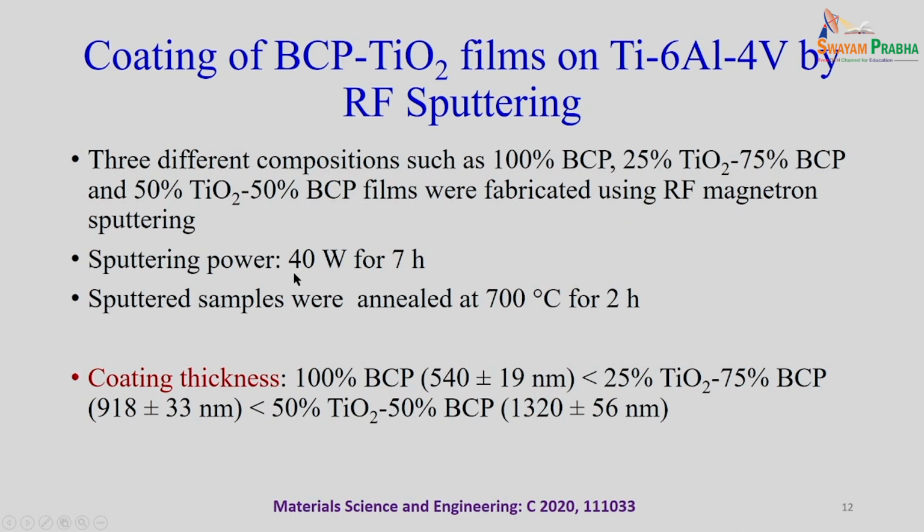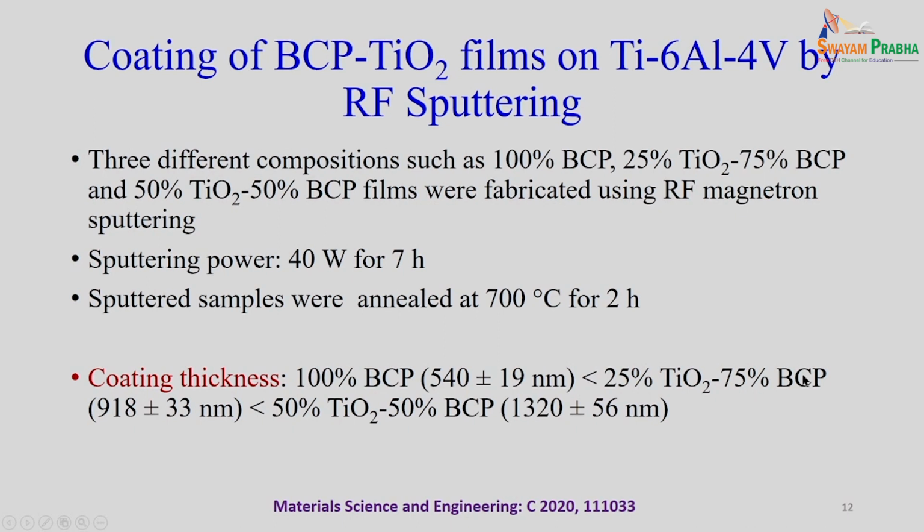The same as we discussed in the first case, the sputtering power was here 40 watt and we coated for 7 hours, and after the coating the sputtered samples were also annealed at 700 degree centigrade for 2 hours. Here again, as compared to the laser cladding, the roughness was lesser. For 100% BCP, the roughness was again in nanometers, 540 nanometer.